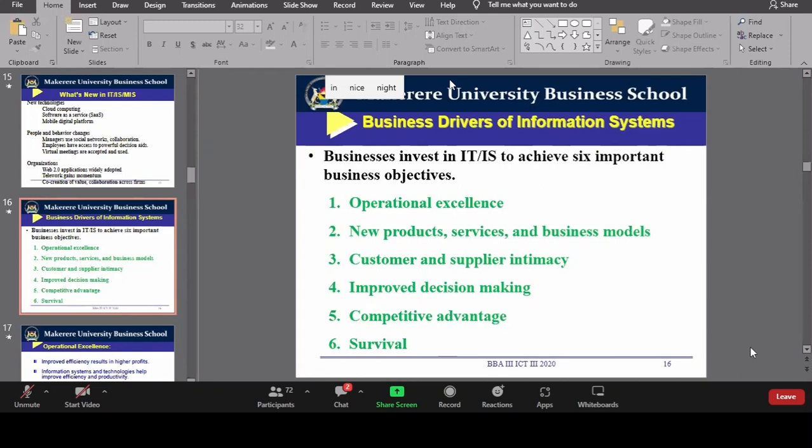For example, a new technology comes up and you invest in it. As in, you don't look at the necessities, but you invest in it. Now, Nick, that counts more on number 5. Have you seen number 5? Competitive advantage.